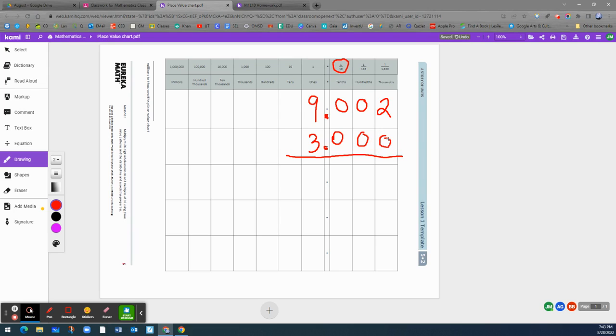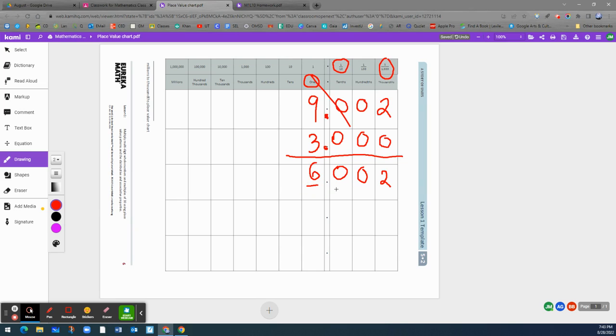So you can see taking away 0 thousandths from 2 is going to yield the same number. This should be 0 minus 0 equals 0, 0 minus 0 equals 0, and 9 minus 3 will equal 6. So now we know that the answer has 6 ones and 2 thousandths.